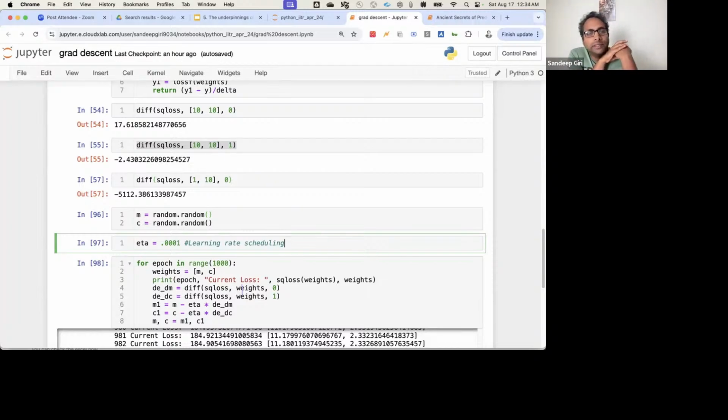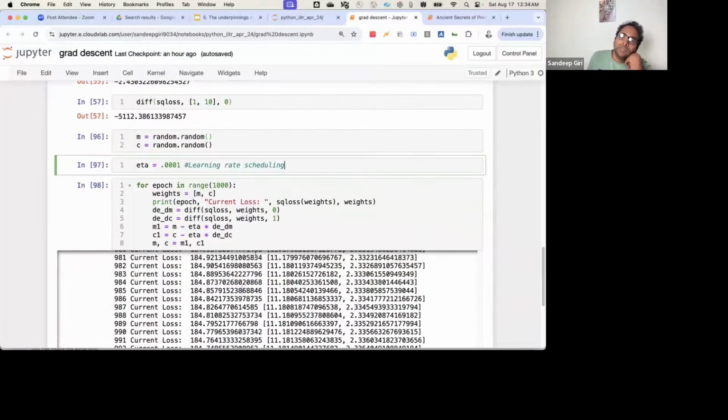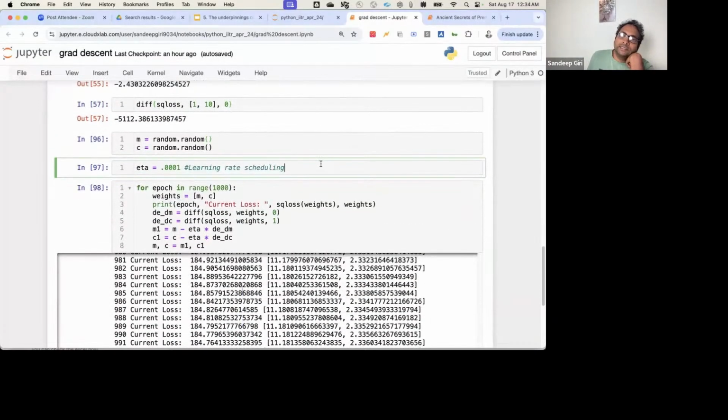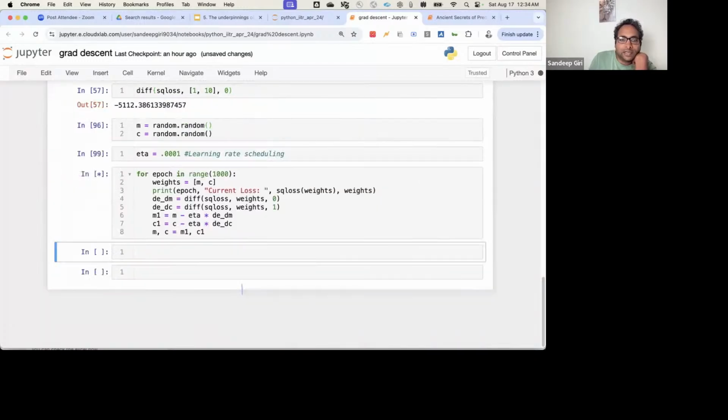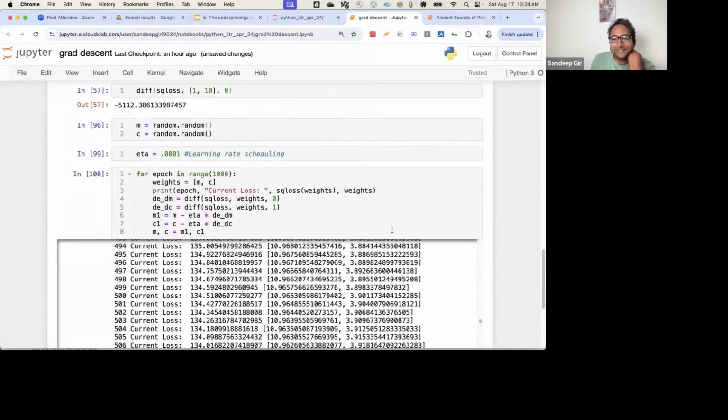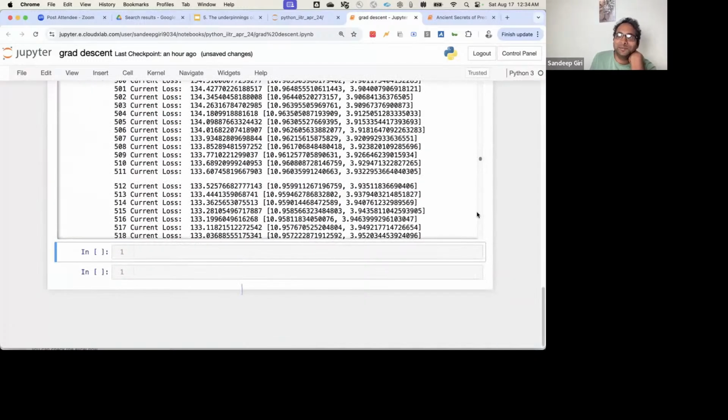When you have almost reached there, don't jump too much, just move nearby. So people keep on reducing the eta as they reach the final place. All right, so this is it. Now your machine learning course is over and you're all happy.